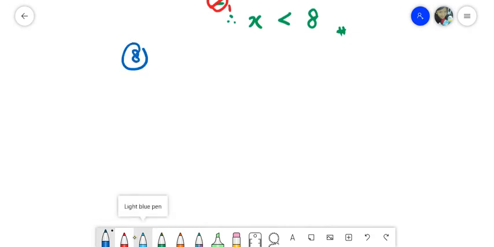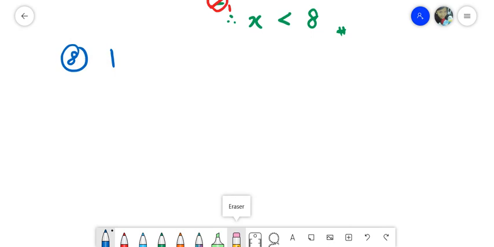Let's go something more challenging. Question 8. Let's say 1 minus 2x, again greater than 5.